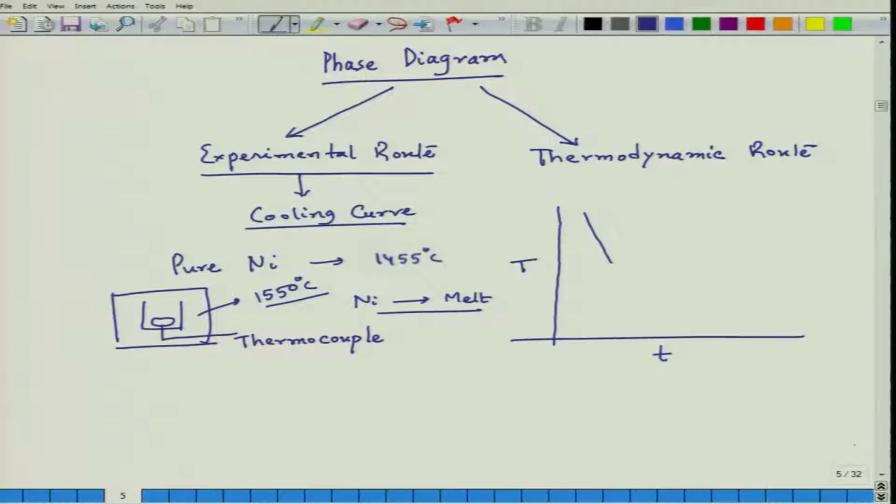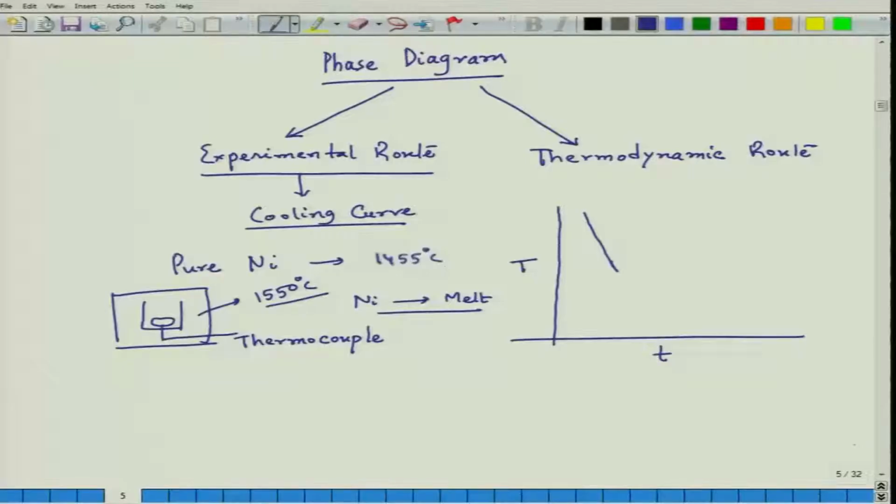The temperature of that melt is gradually decreasing, and as the furnace was switched off and is cooling very slowly, you will come across a kind of graph like this, where if we measure this particular temperature, we will see that this is around 1455 degrees Celsius, and there is a dip.